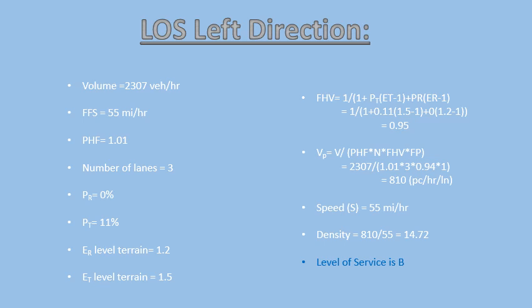The FHV value is equal to 0.95, the VP is 810, and the speed is 55 miles per hour. Again, from there we can find the density by dividing 810 by 55, and it gives you the value of 14.72. And from the density table you'll find the level of service to be B.